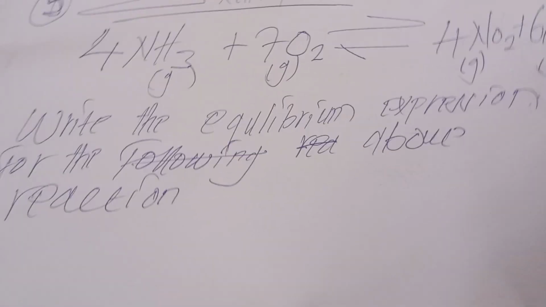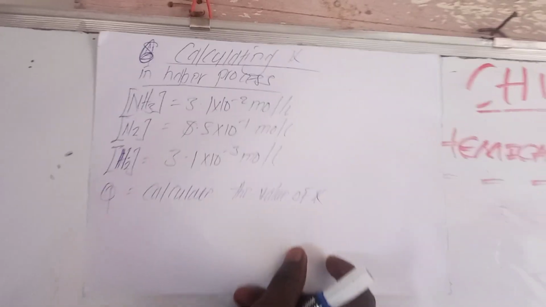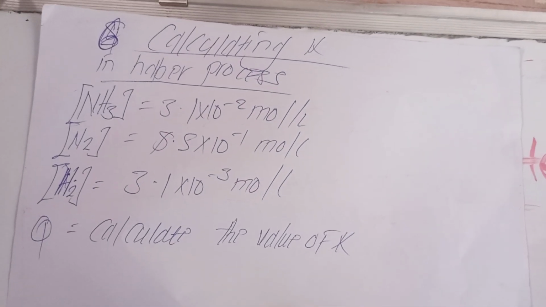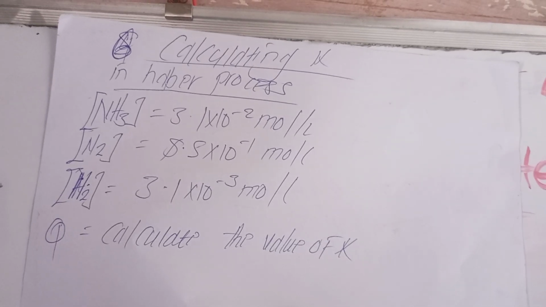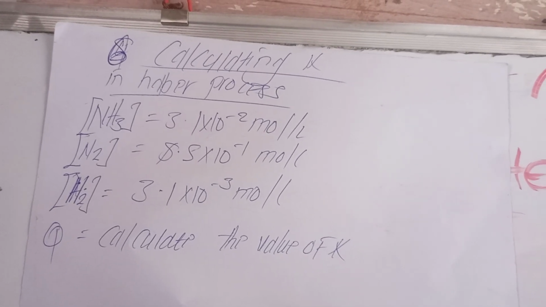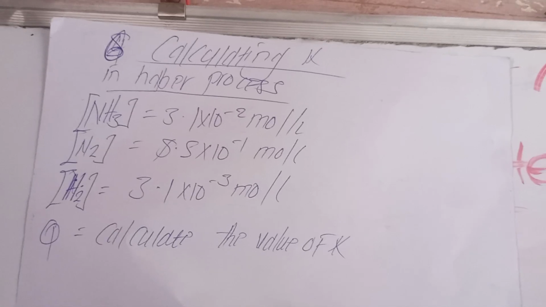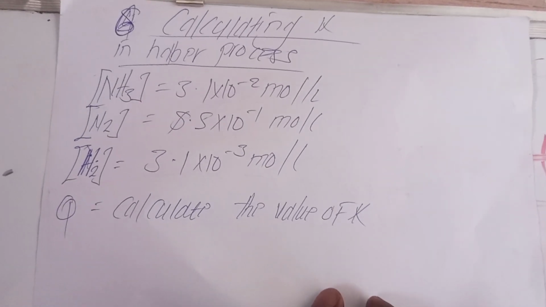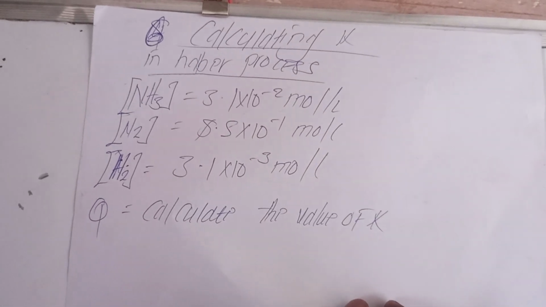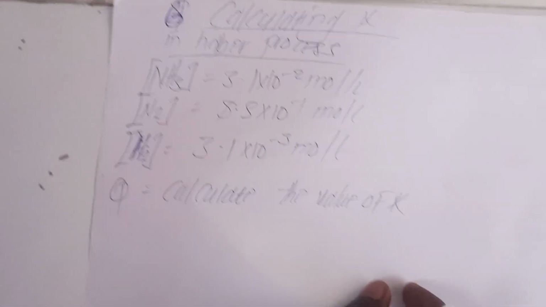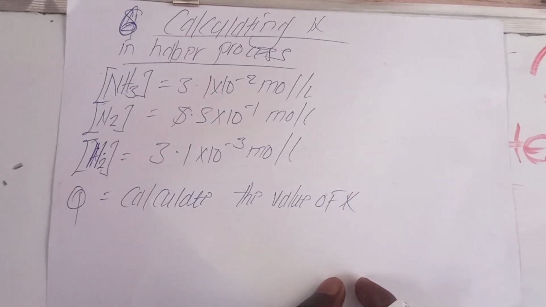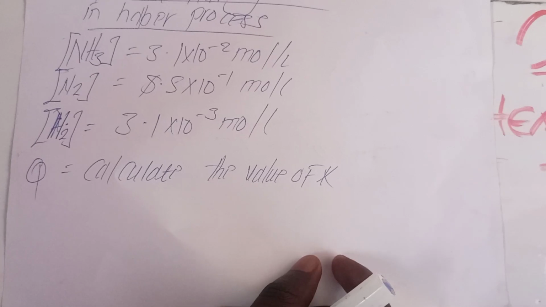So let's try to solve the next problem under chemical equilibrium. We have this problem of calculating K. In the Haber process, the formation of ammonia, a fertilizer that is common in most areas, hydrogen reacts with nitrogen to produce ammonia. Do not worry about the reaction possibly being provided in some question papers.